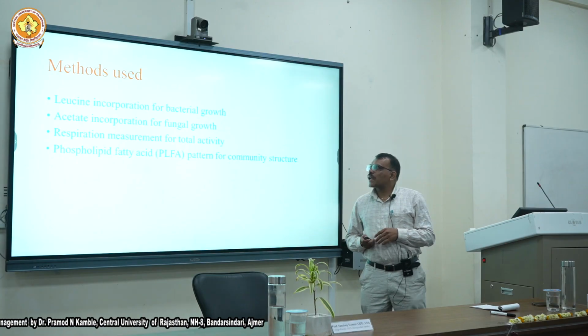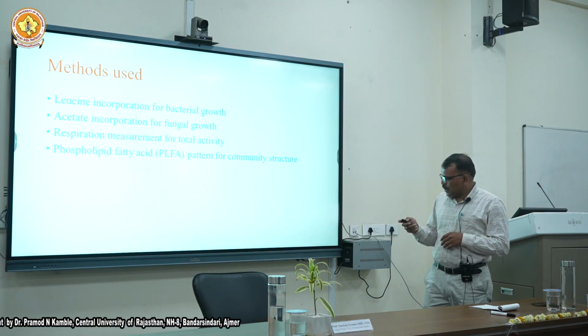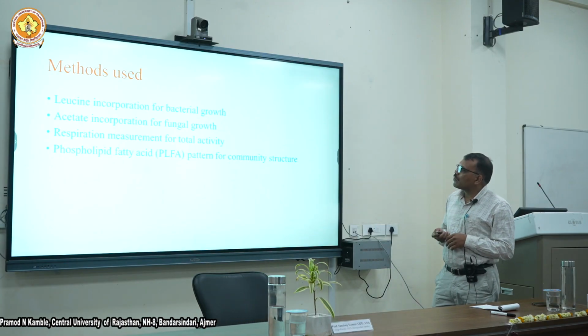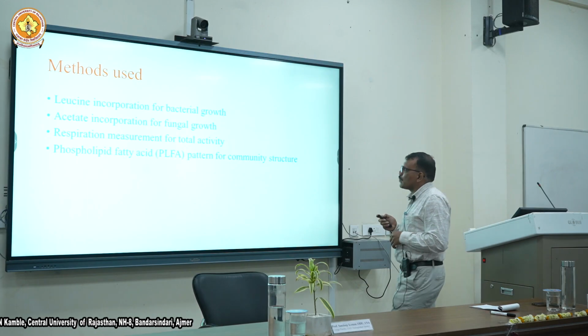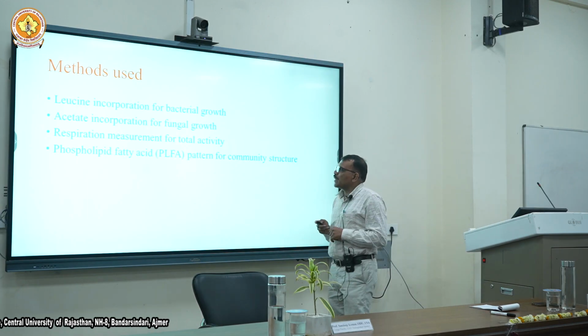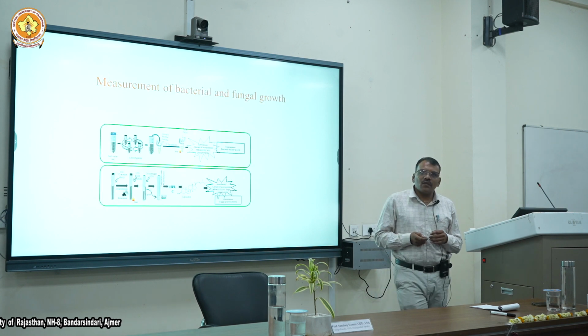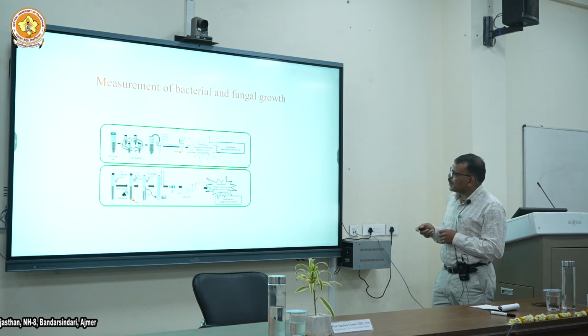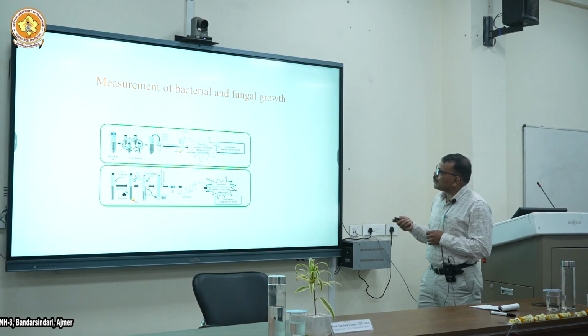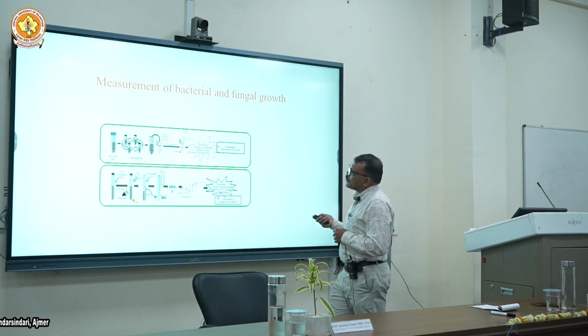The methods used were leucine incorporation for bacterial growth, acetate incorporation for fungal growth, respiration for total activity, and phospholipid fatty acid pattern for community structure, then measurement of bacterial growth and fungal growth. It is a simplified way. Here you can see the pictorial representation of that technique.